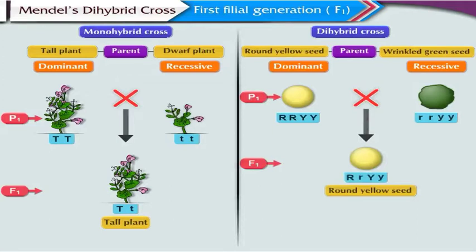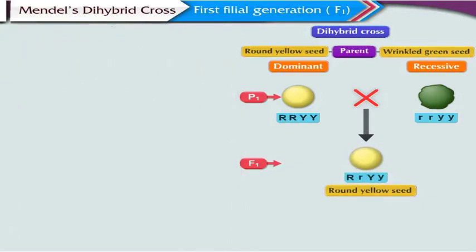Though the genotype of the pea plants of the dihybrid cross F1 generation was capital R, small r, capital Y, small y, phenotypically they were plants with round yellow seeds, as capital R gene for the round shape was dominant over the small r gene for the wrinkled shape. And similarly, capital Y gene for yellow color was dominant over small y gene for green color.